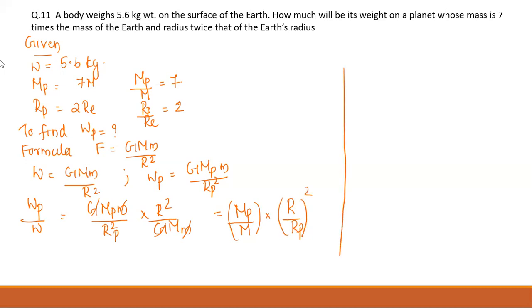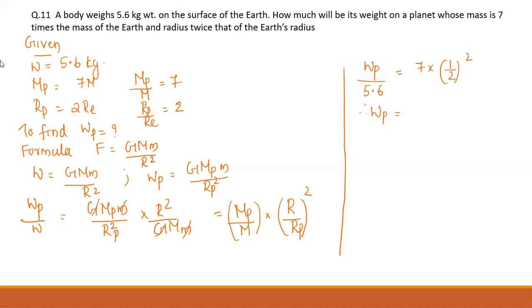Now, Wp upon W value we know is 5.6, is equal to Mp upon M, which is 7, into r upon rp. Rp upon r is 2, so r upon rp is 1 upon 2 will come. 1 upon 2 the whole square is 1 upon 4 will come.